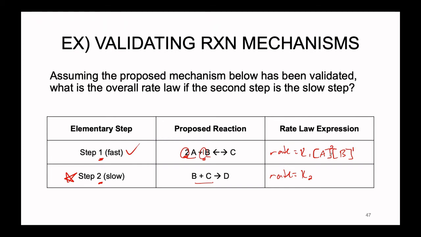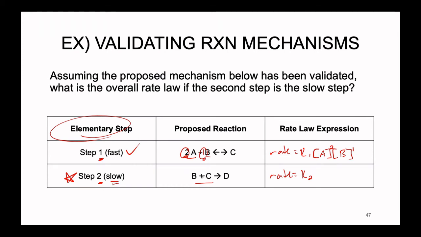And again, this process is only true if we are working with reaction mechanisms and the concept of our elementary steps. We cannot do this for an overall chemical equation for the reasons that we are about to go into, specifically for the scenarios when our second step is our slow step.